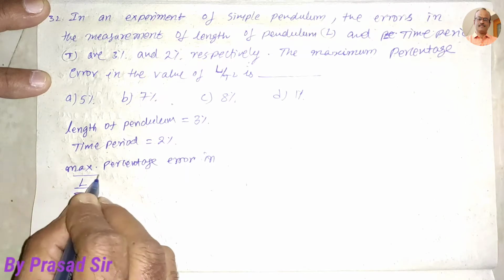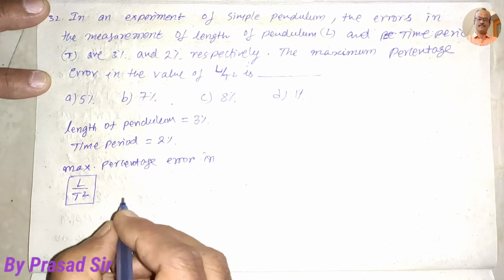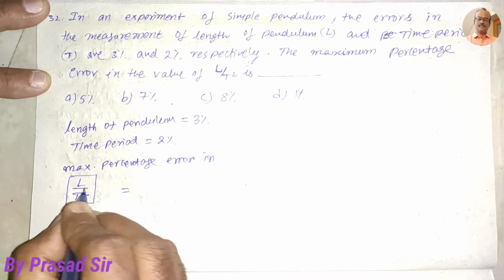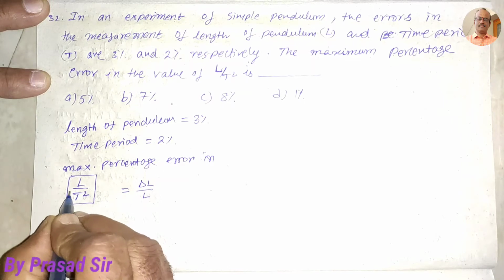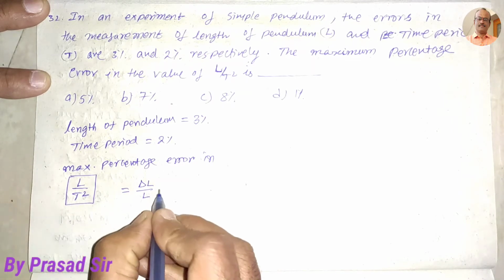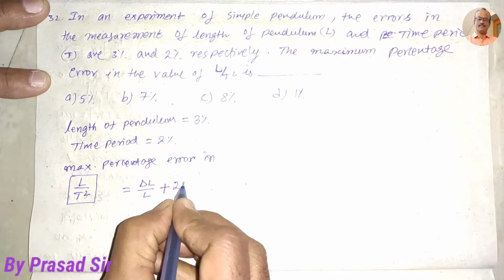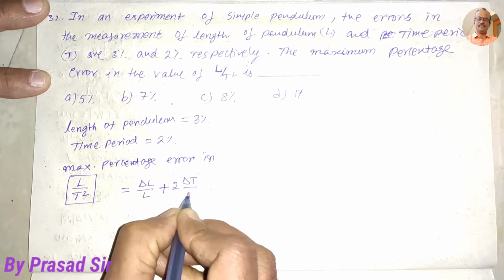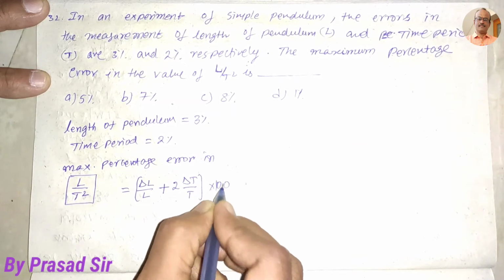So to calculate maximum percentage error in L by T square, we will write the formula: for L, we take delta L by L, and whatever the division or multiplication, we will take that as plus. Here T square is nothing but 2 times delta T divided by T, multiplied with 100 for percentage.